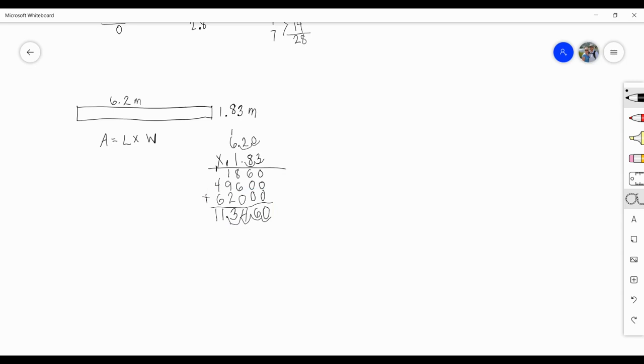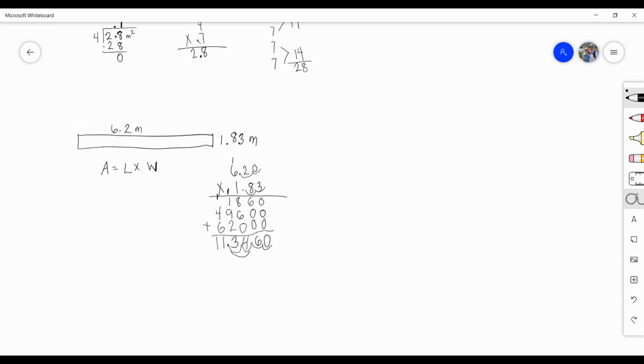Now, because we're going to 2 decimal places, we're going to round 11 and 346 thousandths to the nearest hundredth. So I look at my 6. 6 here is larger than 5, so it's going to make the 4 increase. So the 4 becomes a 5.